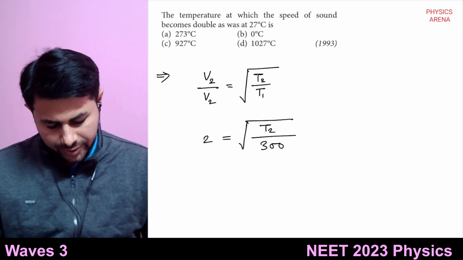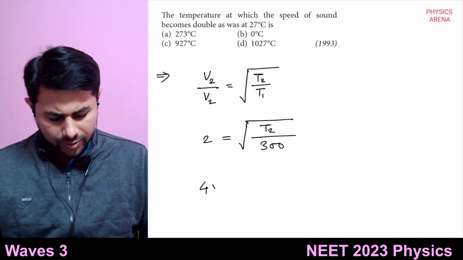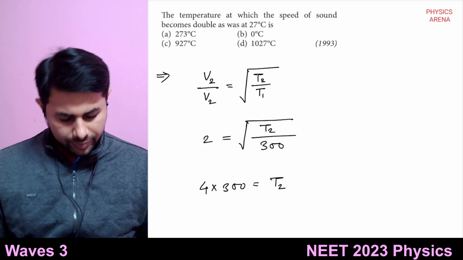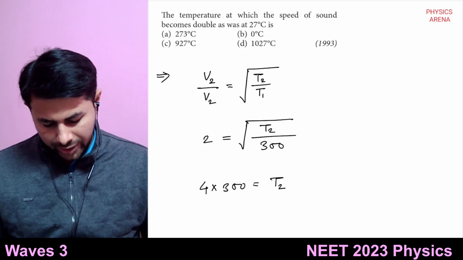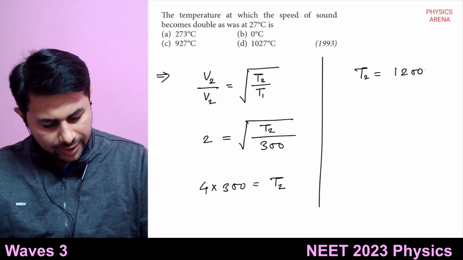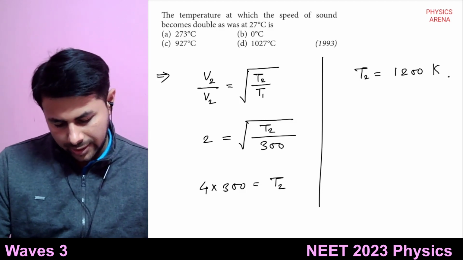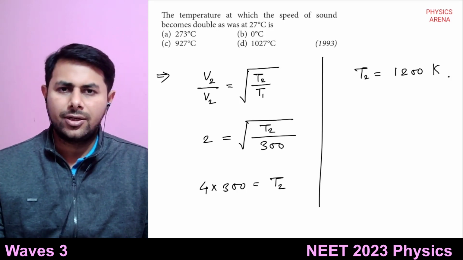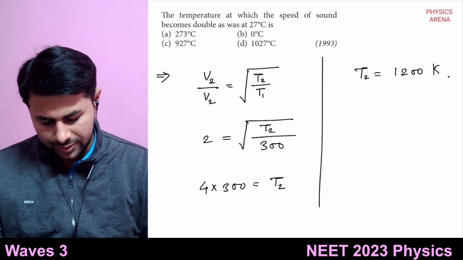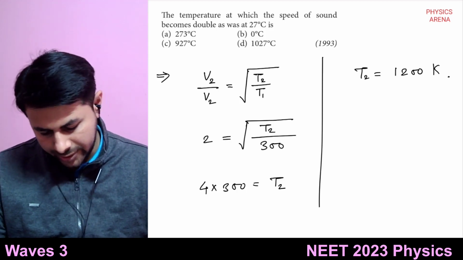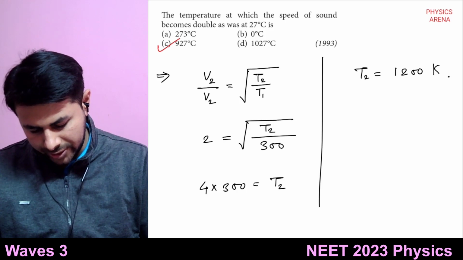Let's square it. So we get 4 equals T2 upon 300, so 4 times 300 is equal to T2. That is 1200, so T2 is equal to 1200 kelvins. The options are in degrees Celsius, so we have to subtract 273 degrees. Subtracting 273 from this, it will be 927. Option C.